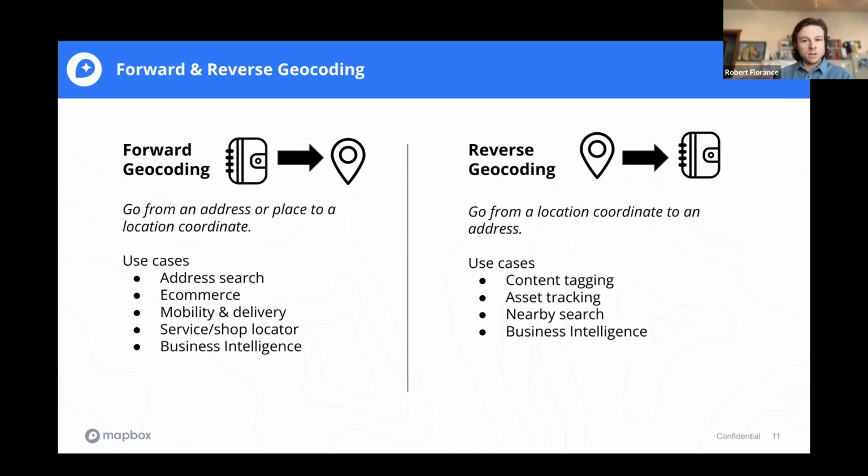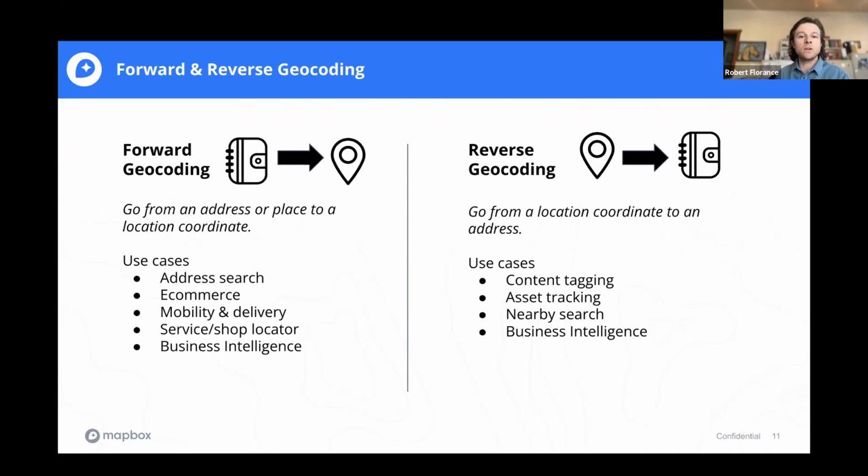Reverse geocoding is just the opposite. You give us a location coordinate, a latitude and longitude, and we'll find an address. Optionally, we can find different features that map to that coordinate, such as a city name or a postcode. This is often used in content tagging. Lots of photos have metadata with a latitude and longitude, and maybe you want to enable your end users to group those photos by where they were taken.